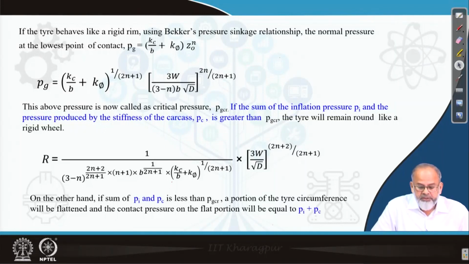Now, when the sum of the pressure Pi and Pc is lesser than ground critical pressure, then a portion of the tire circumference will be flattened and the contact pressure on the flat portion will be equal to Pi plus Pc.